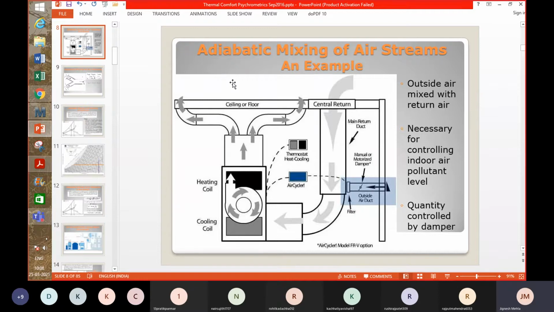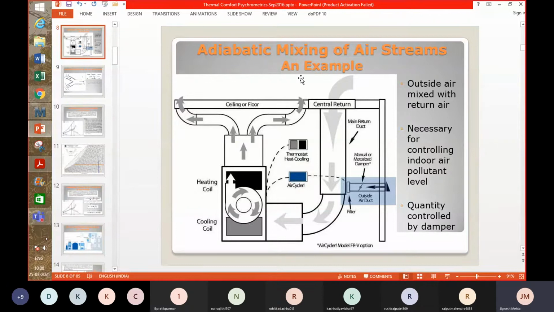So on this side there is the air conditioned space, where you are keeping the air at lower enthalpy if it is a summer air conditioning case.